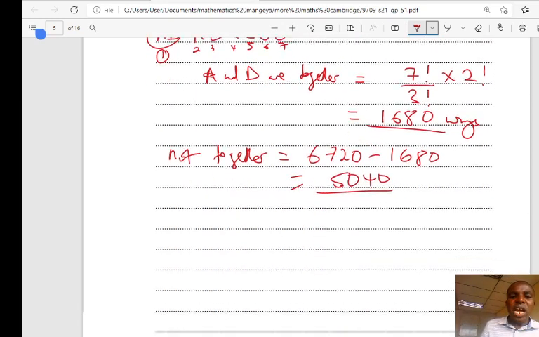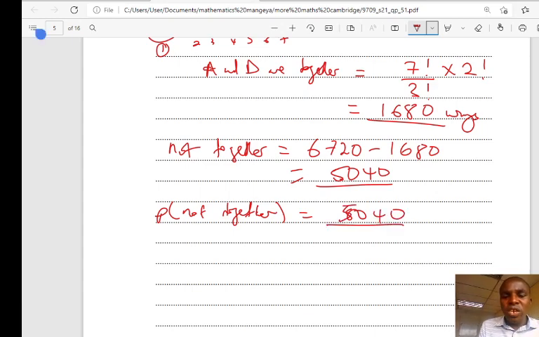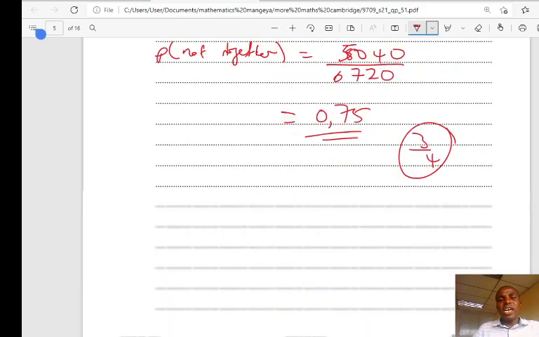Then the probability now that they are not together is equal to the number of ways of not together, divided by the total number of ways, which is 6720. What we get here is three quarters or 0.75. We can write 3 quarters, still the same thing.